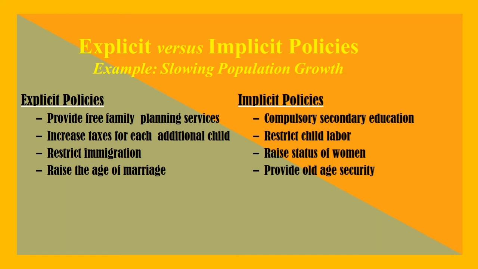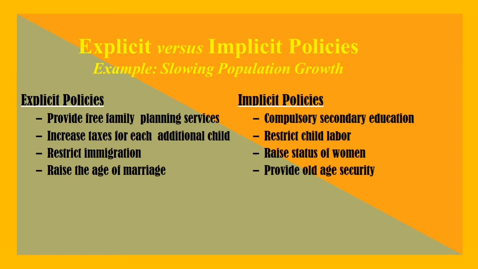So these four are examples of explicit policies. While for implicit policies, this might include compulsory secondary education, restriction on child labor, or limit in the size of houses, or raising the status of women, or providing old age security.